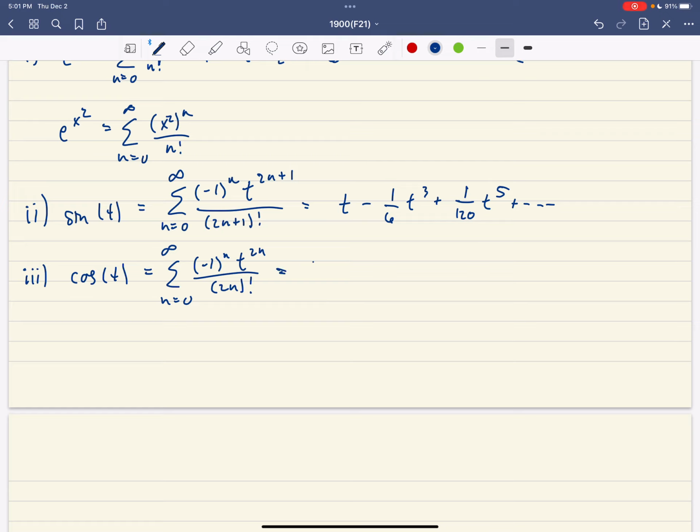That turns out to be 1 minus 1/2 t squared plus 1 over 24 t to the 4th, minus 1 over 6 factorial, which is 720, t to the 6th, and so on. So that's sine and cosine.